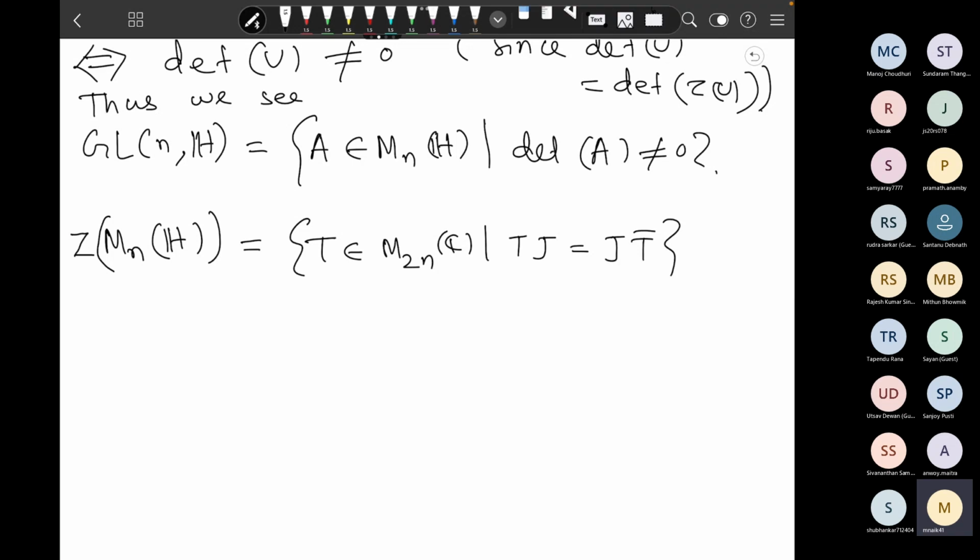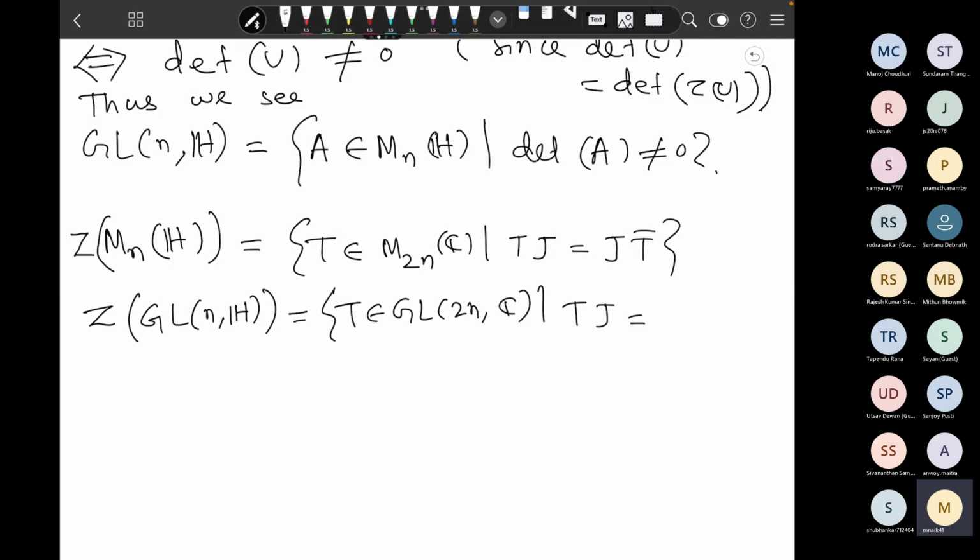For the moment I will write Z everywhere. So Z of GLNH is equal to the set of T belonging to GL2n C so that Tj is equal to J t bar.